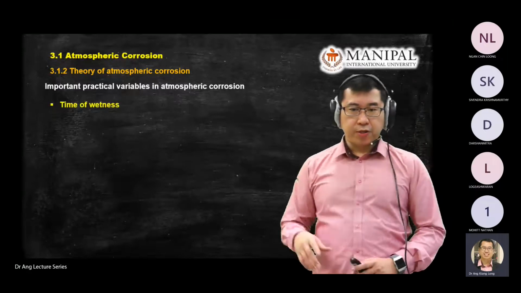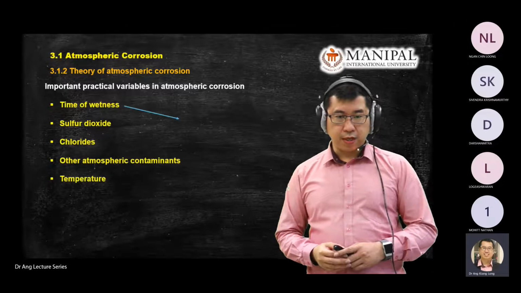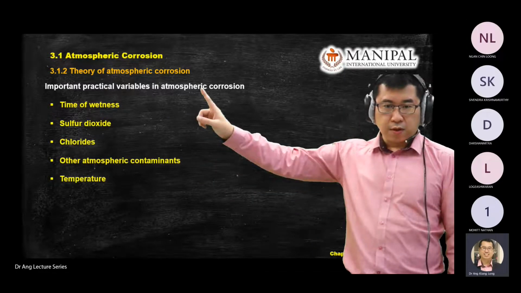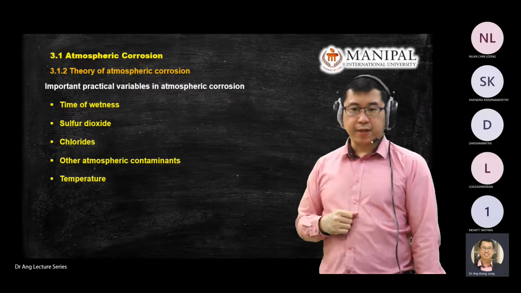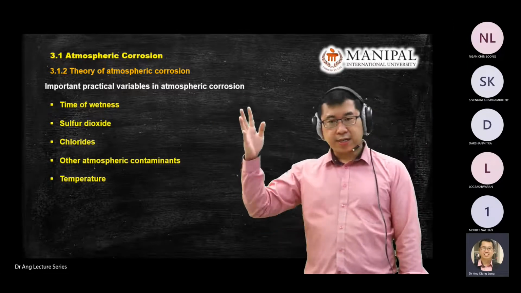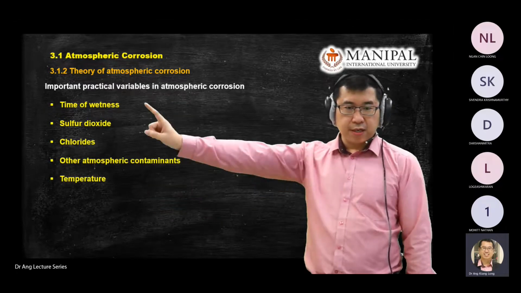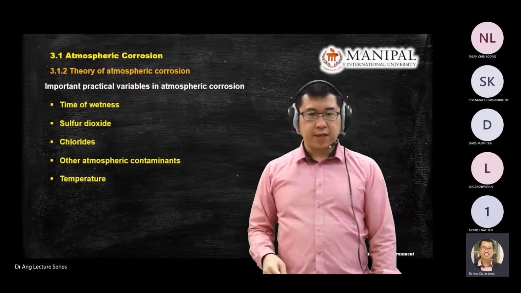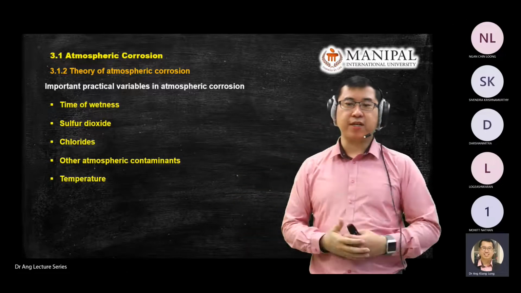Important variables in corrosion, again, there are a few. I'll just give you all the answers. So for atmospheric corrosion, just now we talked about the diagram, the 6 layers. These 6 layers can be affected by all these factors. The time of wetness means how long it is exposed to humidity.